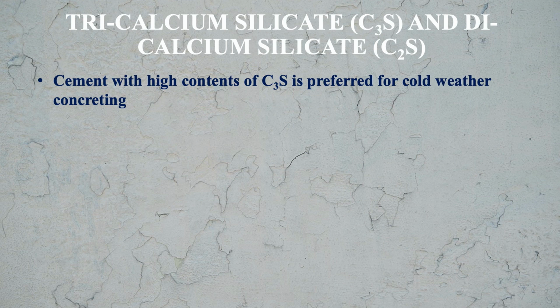Cement with high content of C3S is preferred for cold weather concrete because in cold weather concreting the problem is freezing of the water of the concrete. So to avoid that, here C3S comes to our rescue.